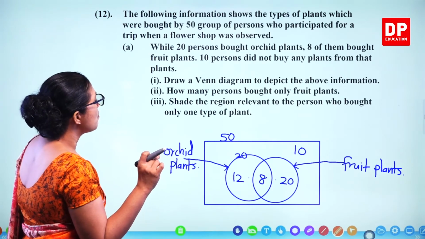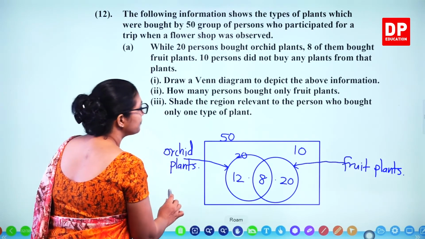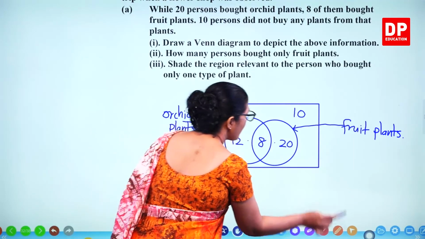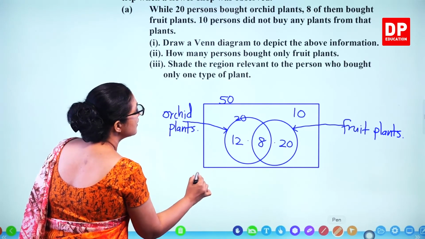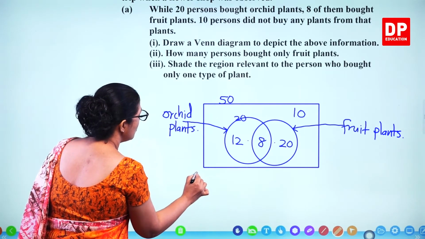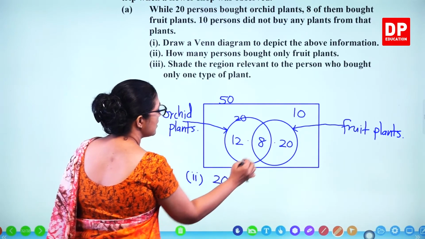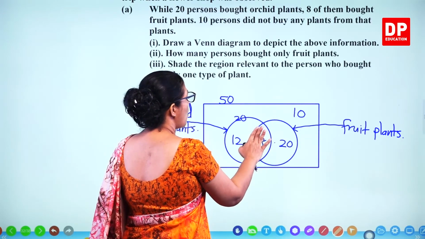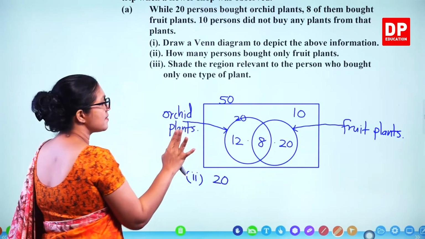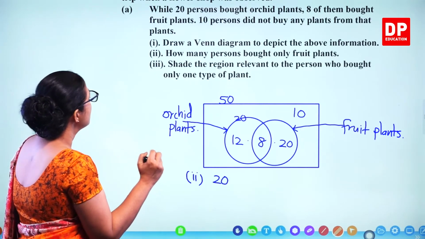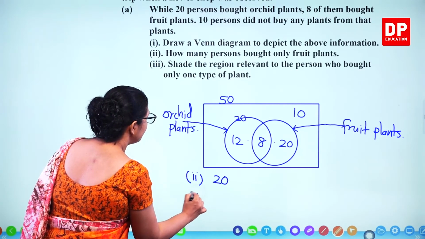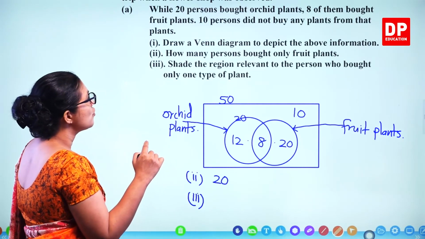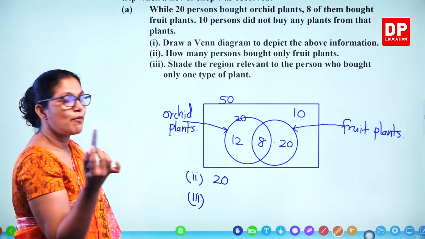How many persons bought only fruit plants? Only fruit plants, that's part 2, only 20. So that means outside the orchid plant circle. Then the third one, shade the region relevant to the person who bought only one type of plant.